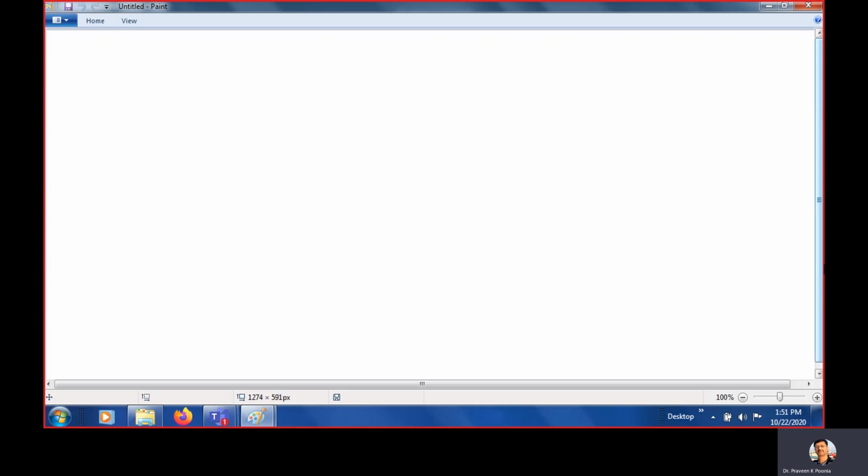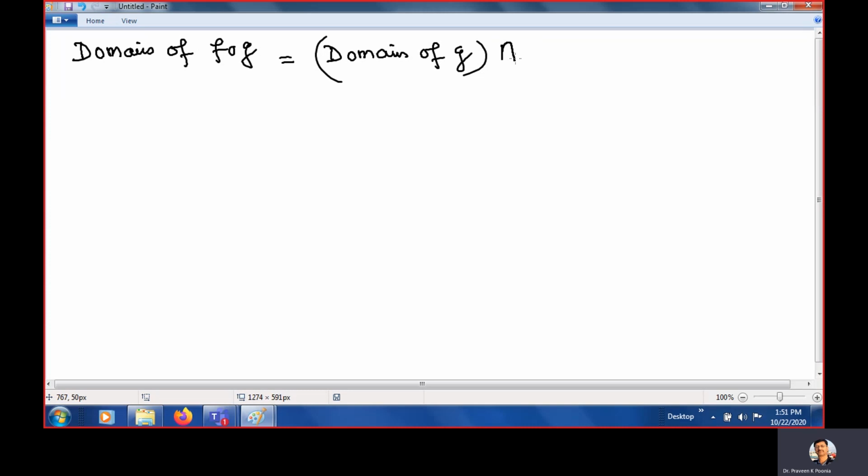As far as the domain of f composition g is concerned, the domain is the intersection of the domain of g and the domain of the final expression of f composition g.